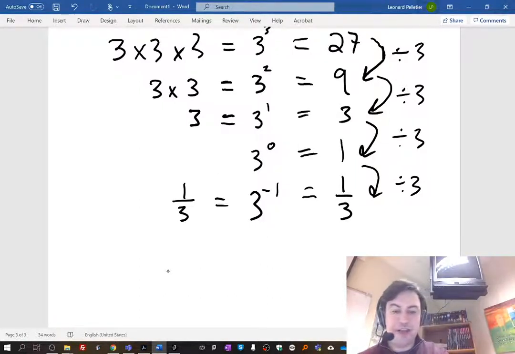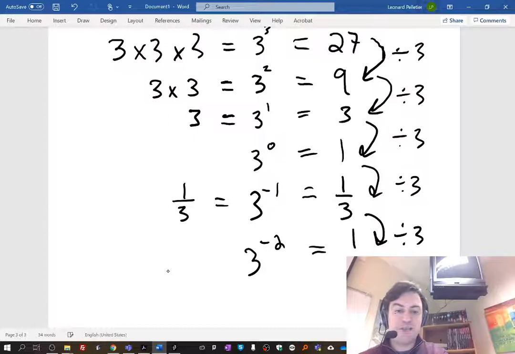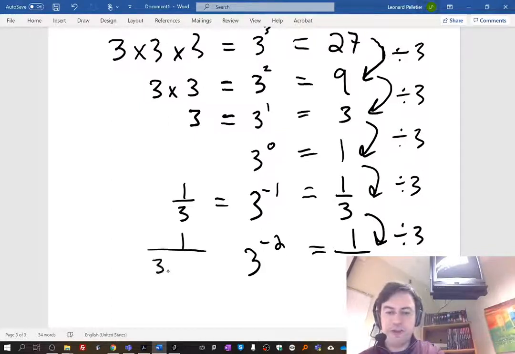So keep on going down. If we go to 3 to the negative 2, again, we're going to divide by 3, which gives us 1 over 9. And that's 1 over 3 times 3. Do you see what's happened?